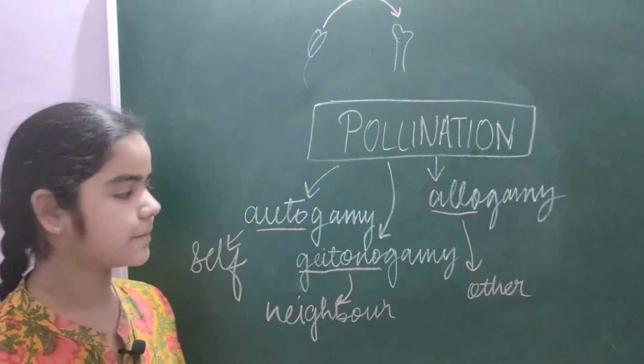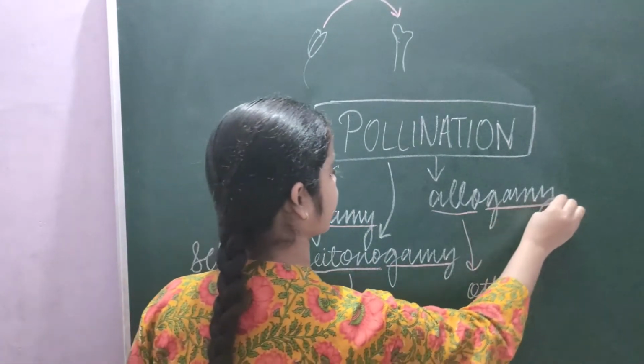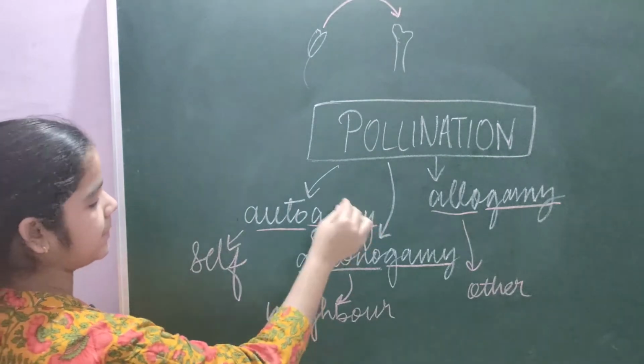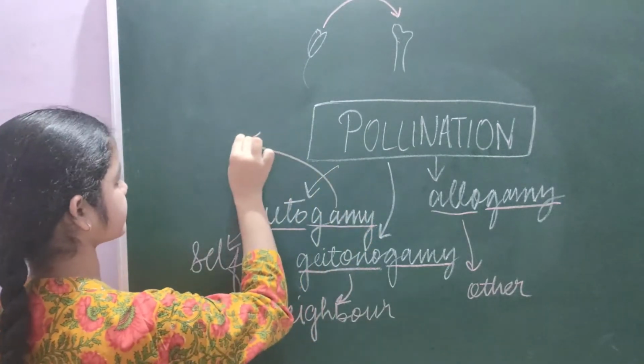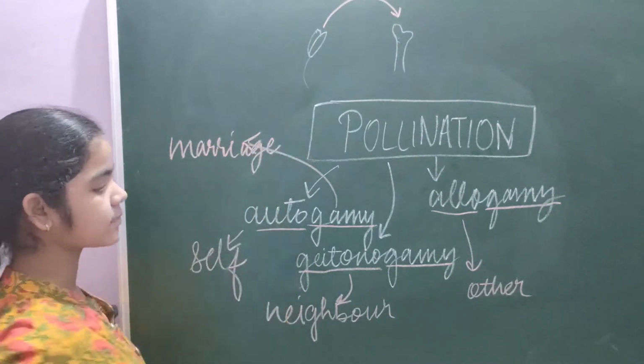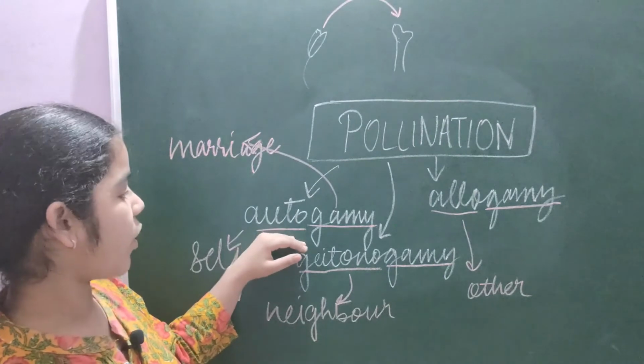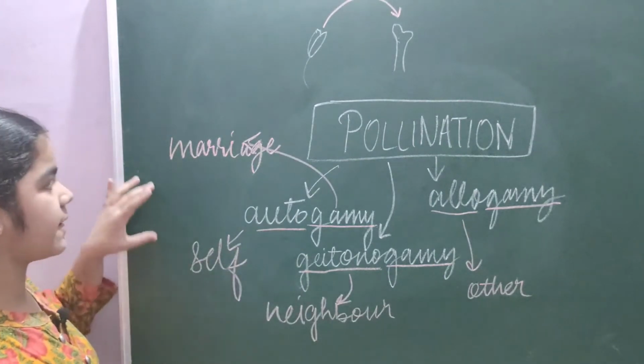I hope this is clear. The next word that is used is gamy. Gamy means marriage. So the plants which do autogamy, they do self-marriage.